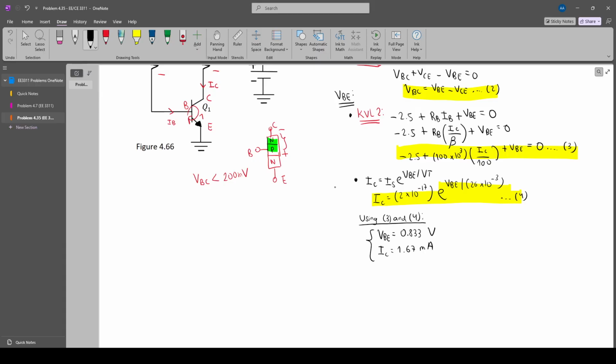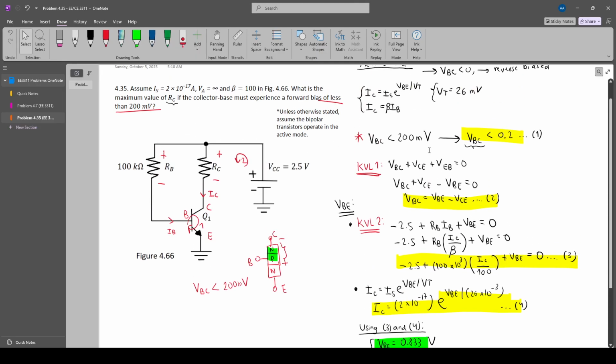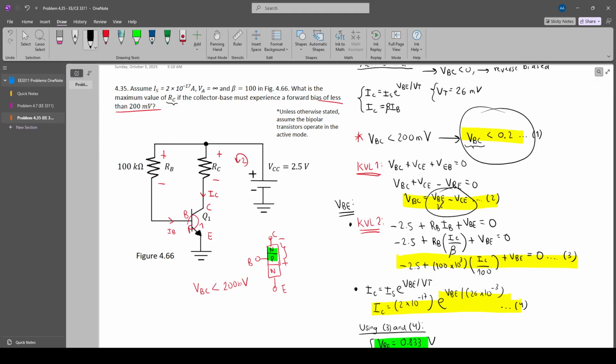Okay, so we have found VBE, and that's what we wanted to find, right? Since our main objective was to work with this expression number 1, and this expression involves these 2 variables, right? And we have already found this one, VBE. We now need to find VCE.